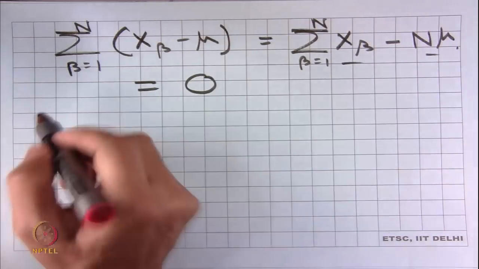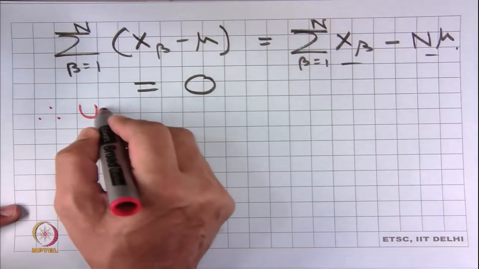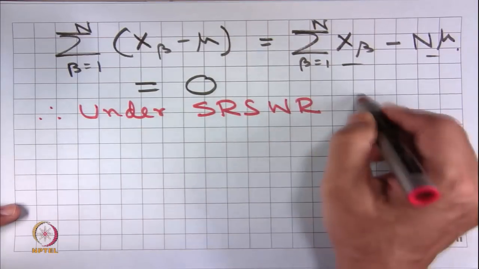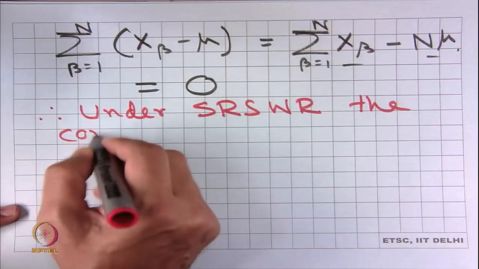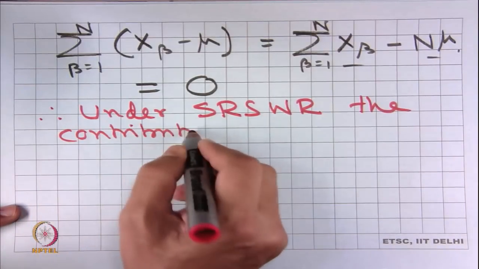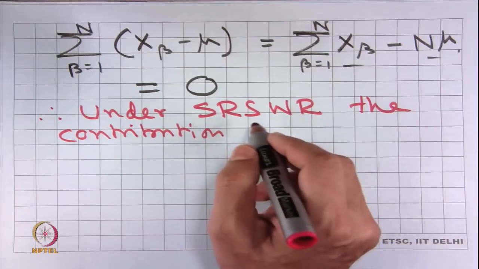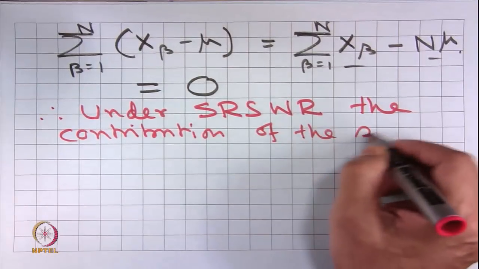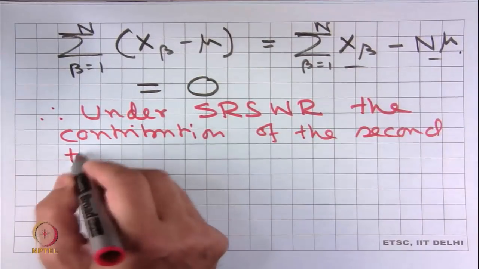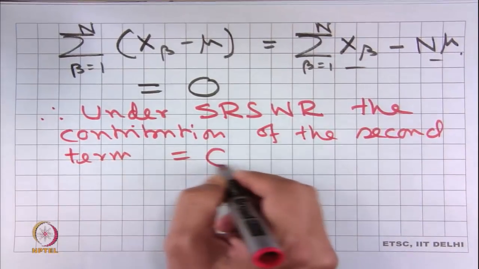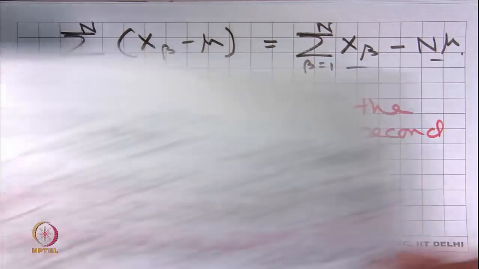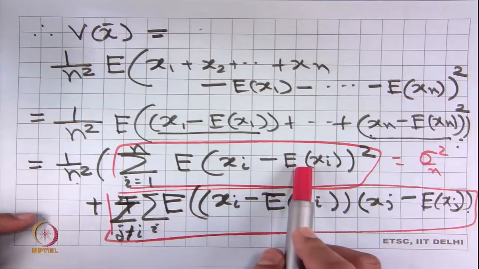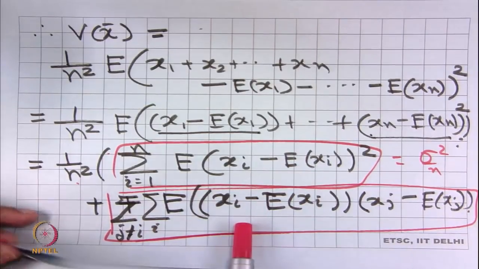Therefore, under SRSWR, the contribution of the second term is equal to 0. So, if we look at the slide, this part gave us sigma square by n, this part gave us 0.